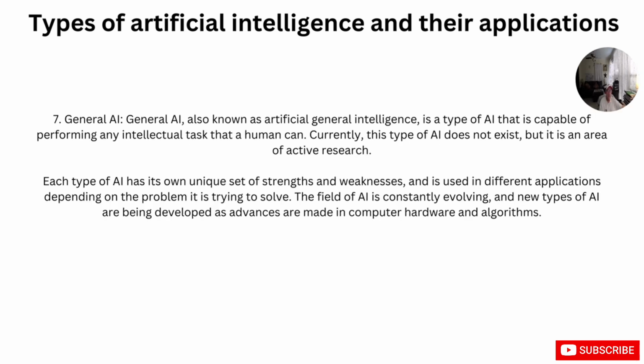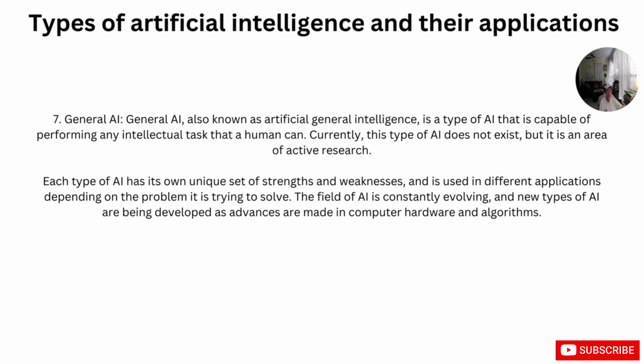And lastly, number seven, general AI. General AI, also known as artificial general intelligence, is a type of AI that is capable of performing any intellectual task that a human can. Currently, this type of AI does not exist but is an area of active research.